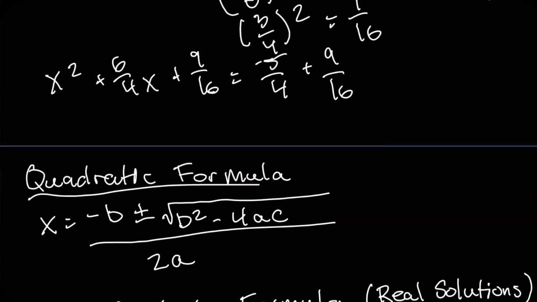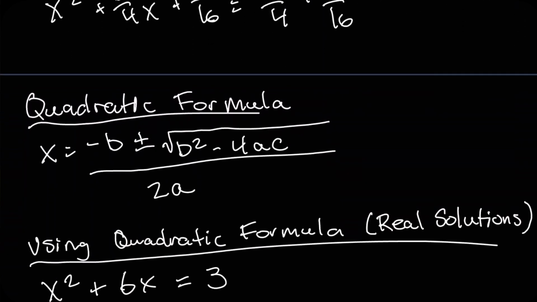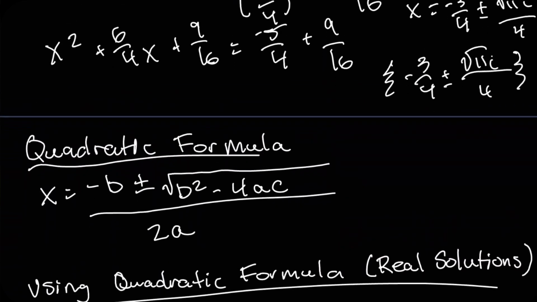So this will be x is equal to negative 3/4 plus or minus the square root of 11i all divided by 4. And our final solution here, we can say negative 3/4 plus or minus the square root of 11i divided by 4. That was a lot of steps, but we do finally have our solution here.